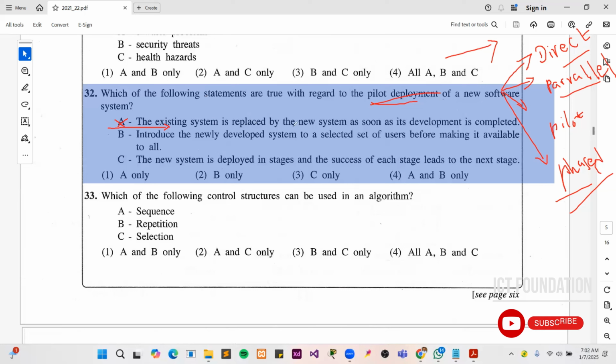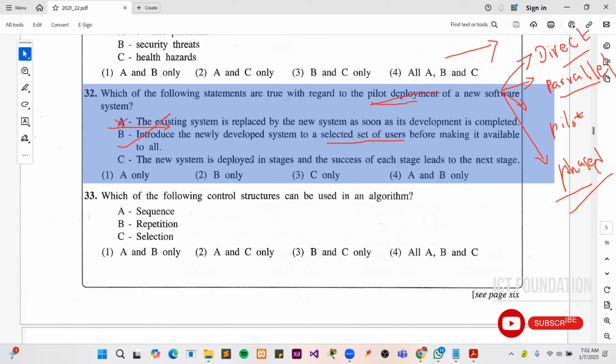Introduce the newly deployed system to a selected set of users before making it available to all. So the selected set of users, this is the correct answer. Pilot examination means that only the particular province's students sit for the exam. So this one is the correct answer, B.